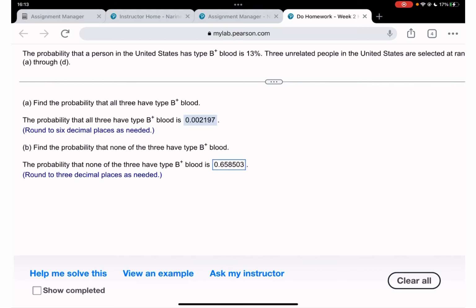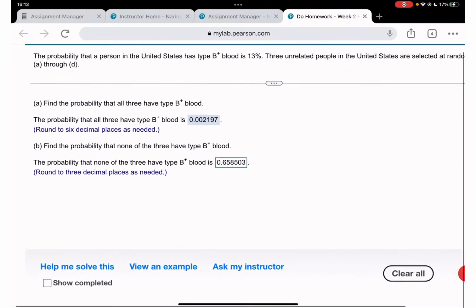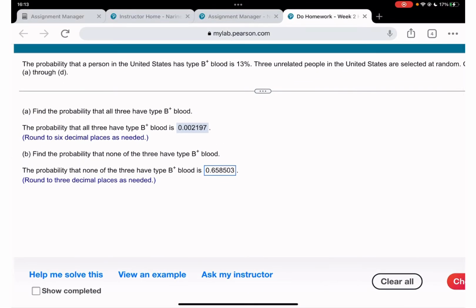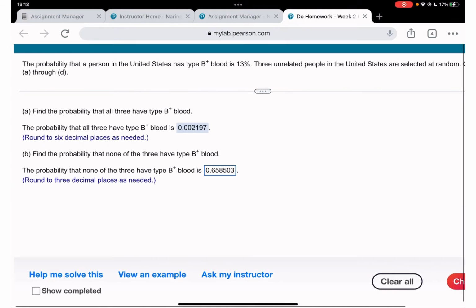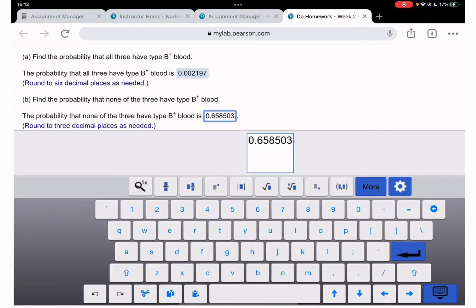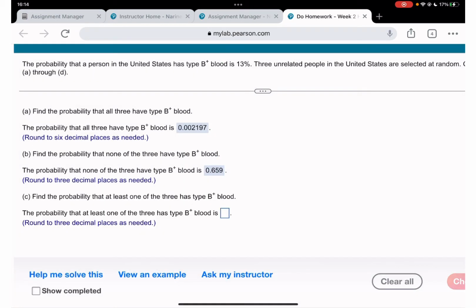That's correct. Three decimals, duh. That's why it doesn't make sense. One wants 6, the other one wants 3. So if we round to 3 decimals, it's going to be 0.659. Okay.